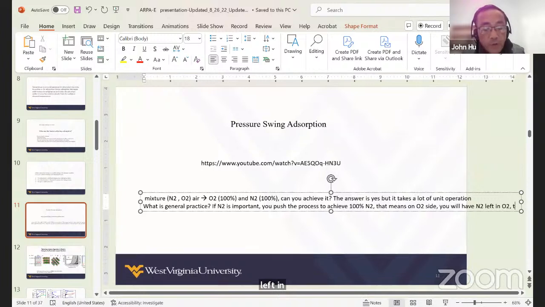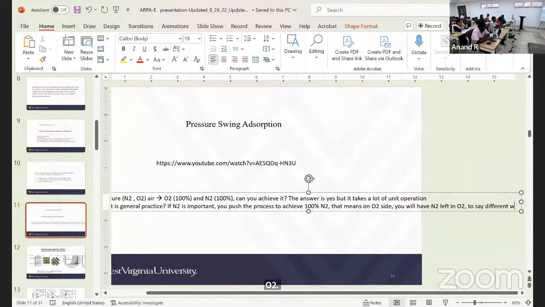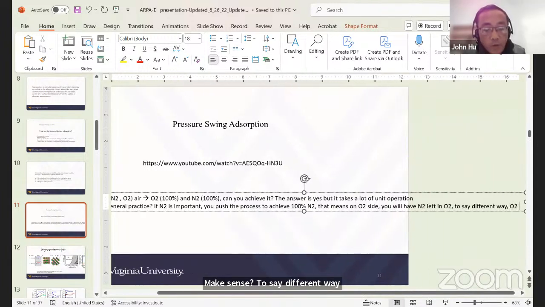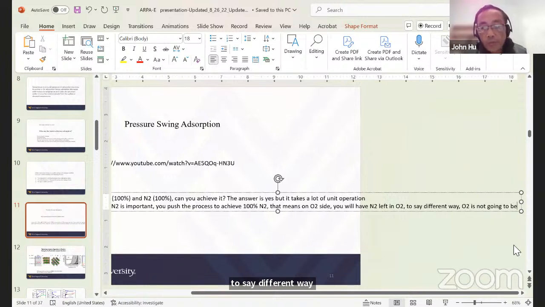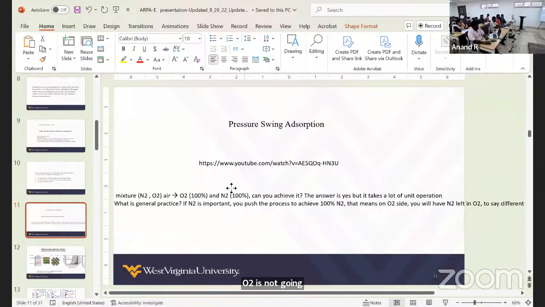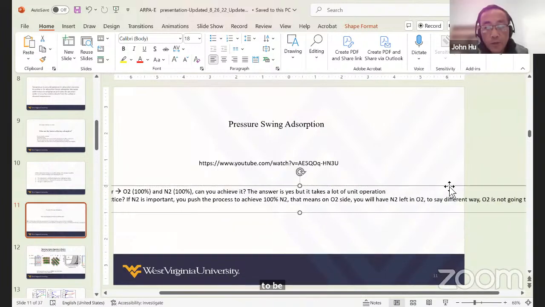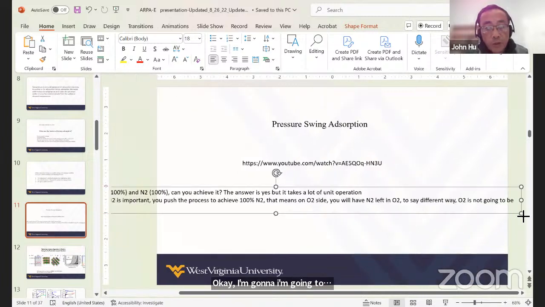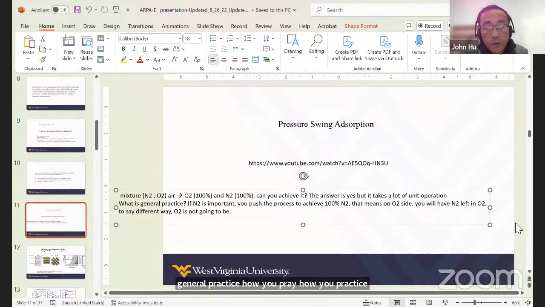Make sense? To say it a different way, O2 is not going to be 100%. I want everyone to read this. This is the so-called general practice, how you practice the pressure swing in the real world.